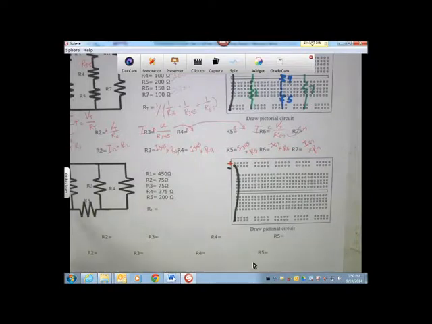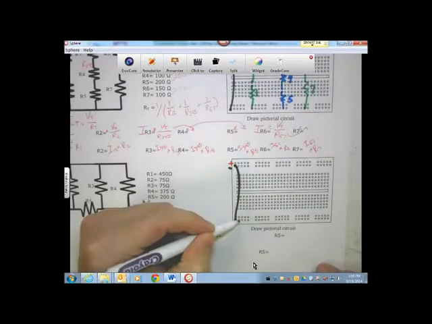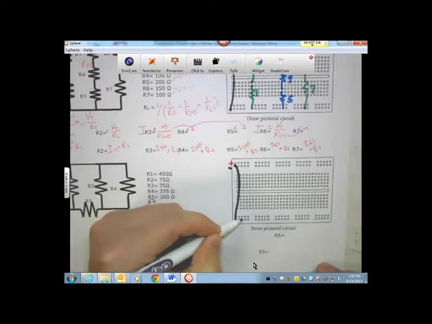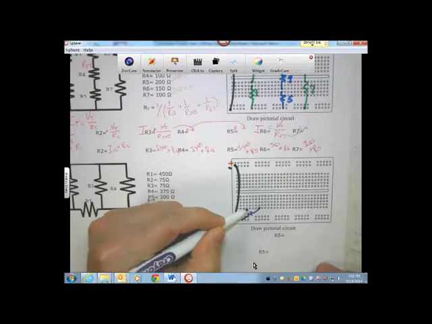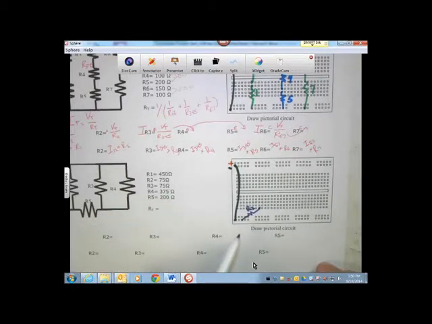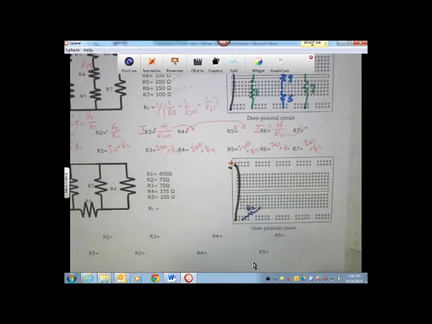So I have R2, and that goes from the negative side into my circuit. So I can do that same thing. I have R2 into my circuit. Then, from there, it branches, and R1 goes back to positive.